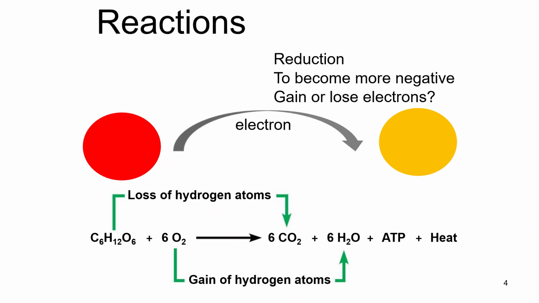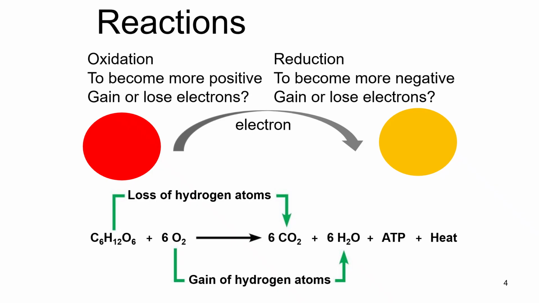Of course, if we have a molecule accepting an electron, or being reduced, the electron has got to come from somewhere, right? And yes, it would come from a donor who, by losing the electrons, becomes more positive, or oxidized.